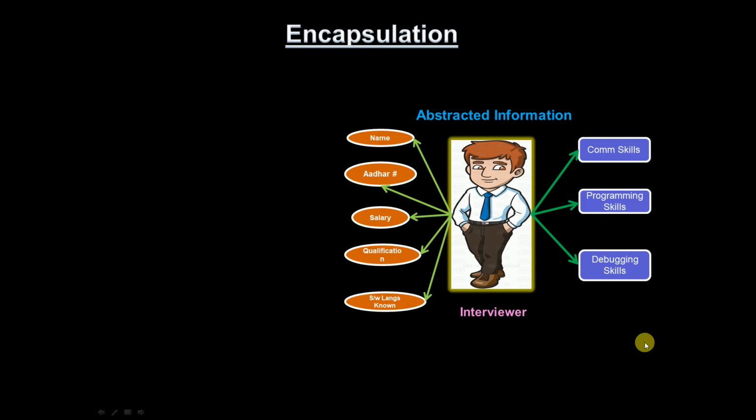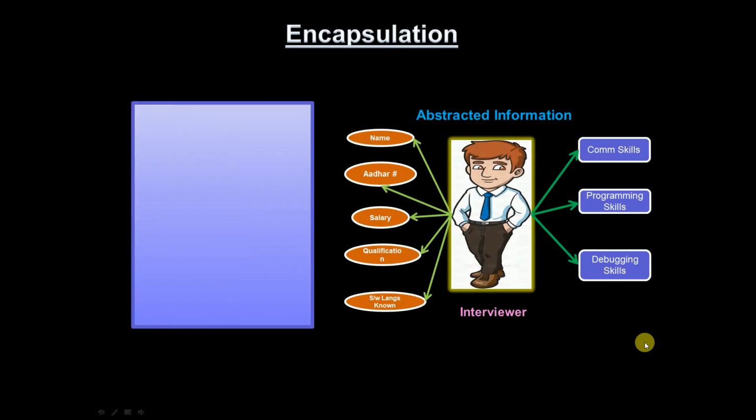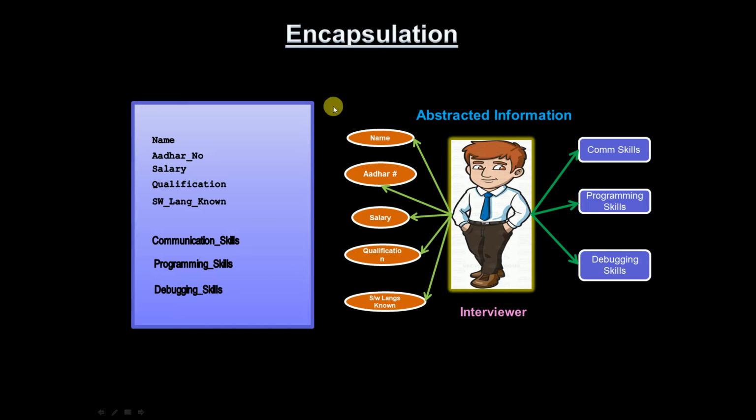So this is the paperwork we have done: abstraction is collecting essential details and hiding unnecessary information. After abstraction, we go to the next step. We bind the characteristics, that is name, Aadhaar number, salary, qualification, and software languages known, along with communication skills, programming skills, and debugging skills, into a single, secured unit.